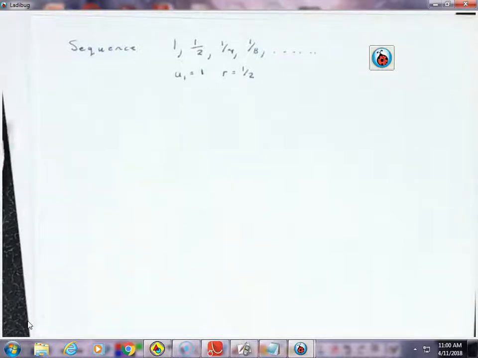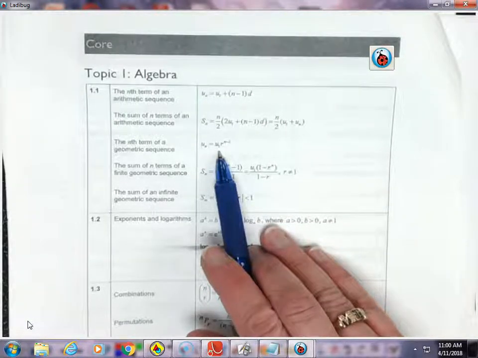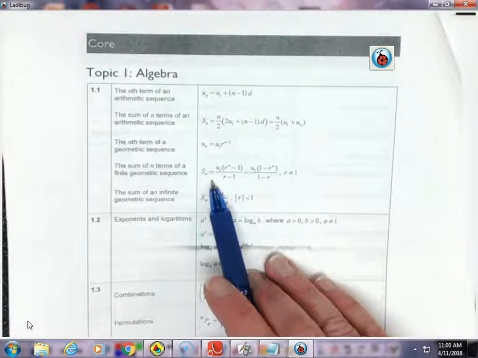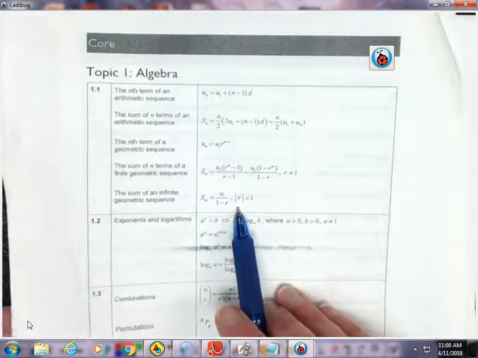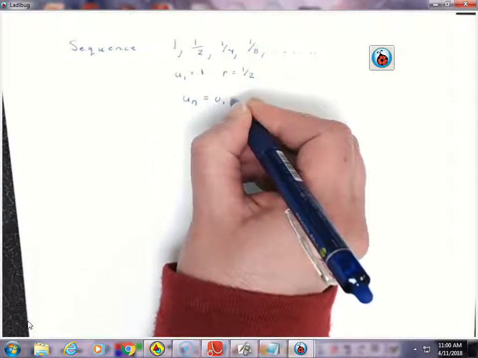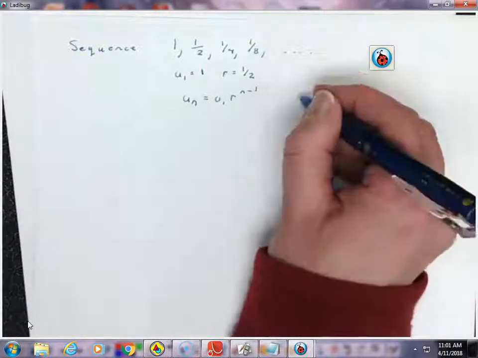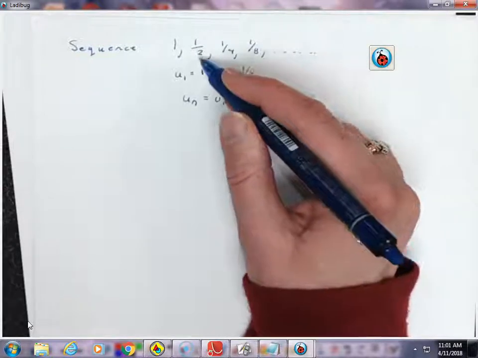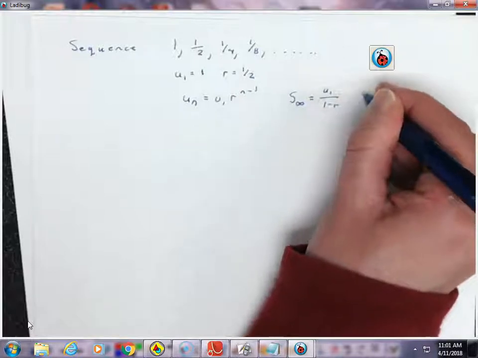Right here under the algebra topic, we have the formula for the nth term of a geometric series, the sum of a finite geometric series, and the sum of an infinite geometric series. u sub n is u sub 1 times r to the n minus 1, the formula for an nth term. The infinite sum formula we will need later, but here we're looking at a sequence, not a sum.